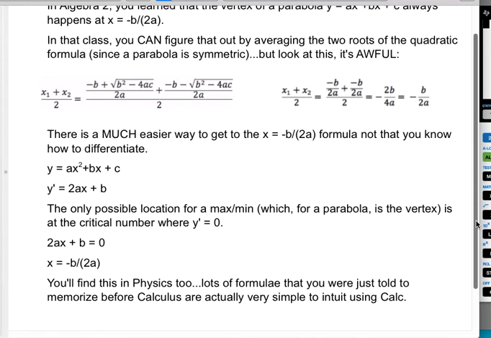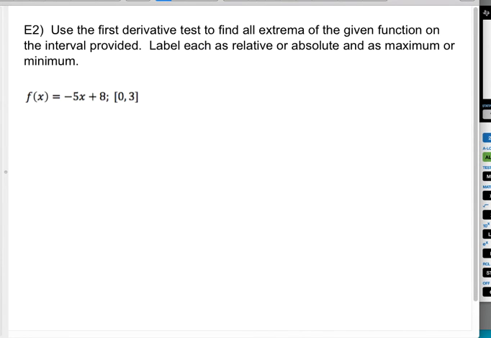You'll also find this in physics; once you know calculus, physics is a lot easier. There's actually a reason that there is calculus-based physics and algebra-based physics, because once you have a foundation in calculus, you'll be surprised how many physics formulae you can derive logically in your head. Not derive in the sense of differentiating, although sometimes that's true, but in the sense of understanding from given information. All right, moving on.